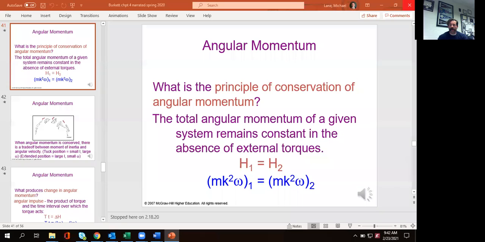Your initial rotational velocity is going to be 60 degrees per second.